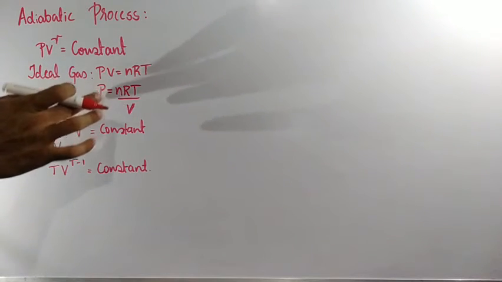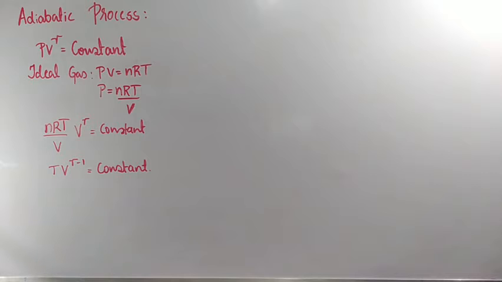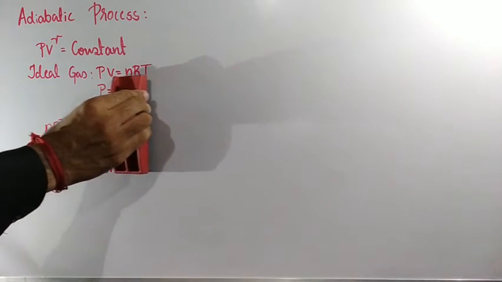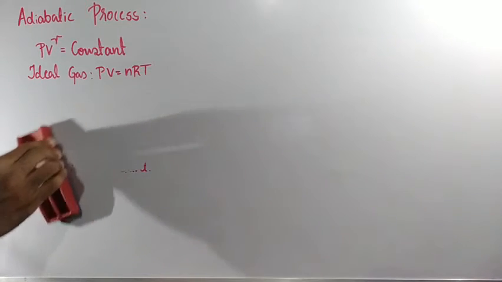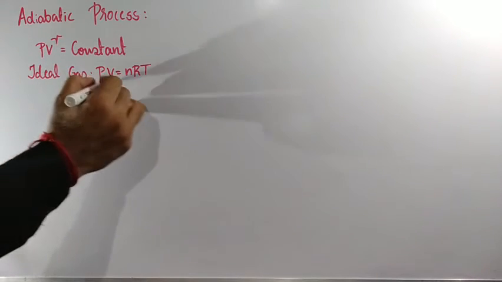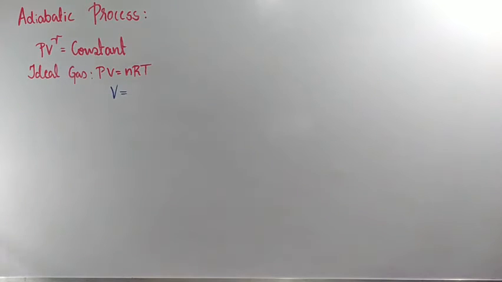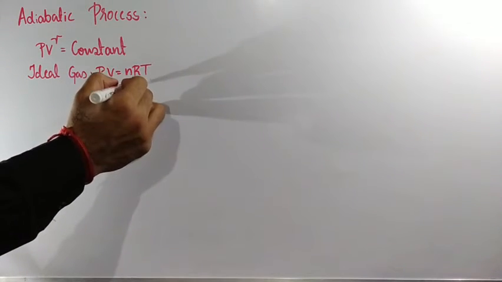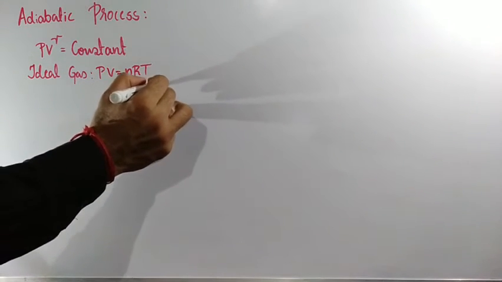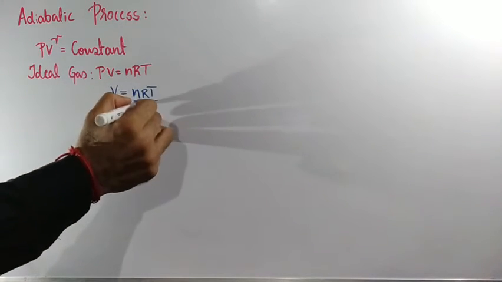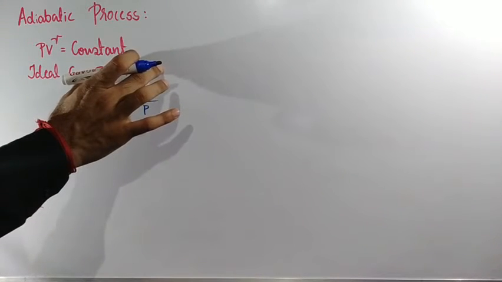What happens if I separate V? Shall we proceed with that? If I separate V, shall we check now? Copied? Shall I erase? Okay. So V is equal to, come on, if I separate V what am I going to get? nRT divided by P. In this equation I have to separate V now.